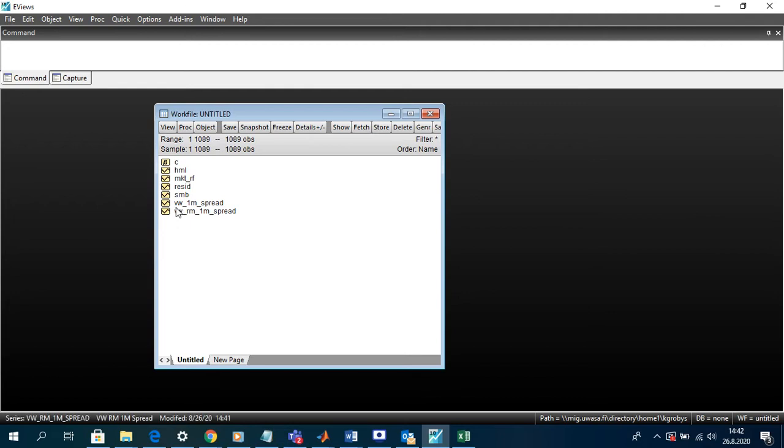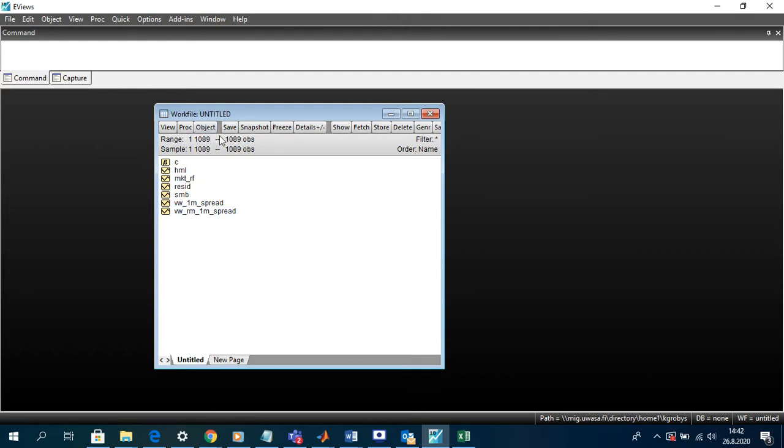Then here, VW_1M_spread, this is our 010 strategy, our short-term industry momentum strategy using value-weighted US industrial portfolios as input assets. It's a zero-cost portfolio, obviously. And here we have the risk-managed counterpart.